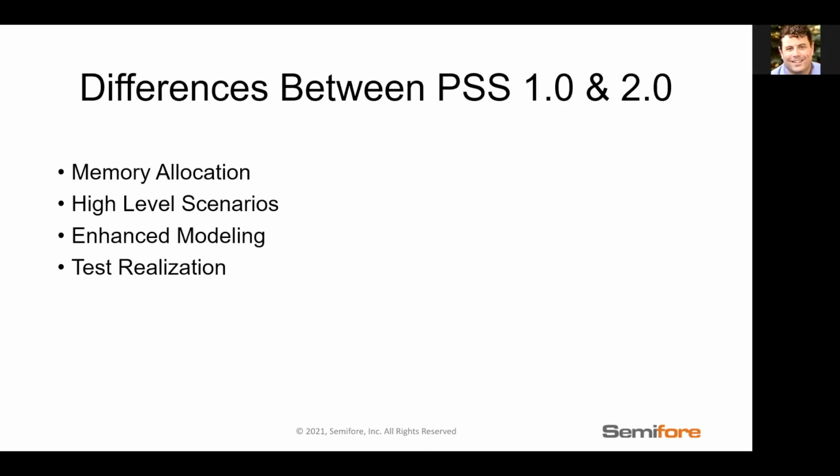The second question is in regards to portable stimulus, PSS. What's an example of a high-level scenario? Okay. A high-level scenario, I think I briefly touched on that as I was going through the features of the PSS.